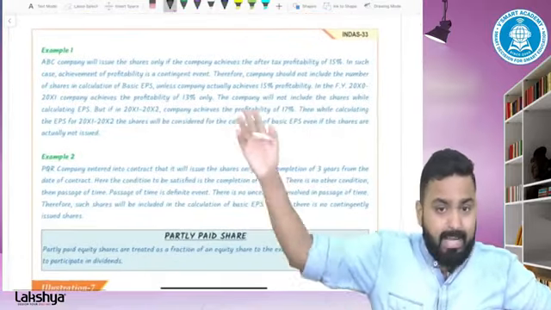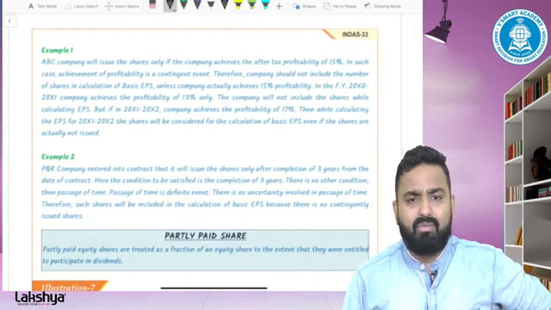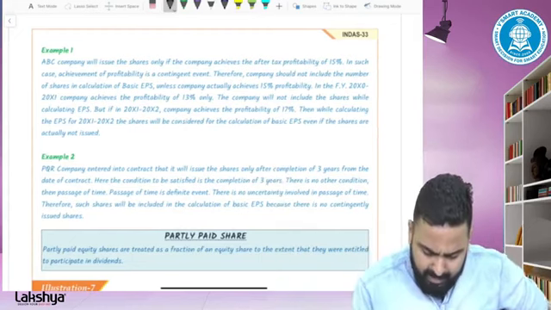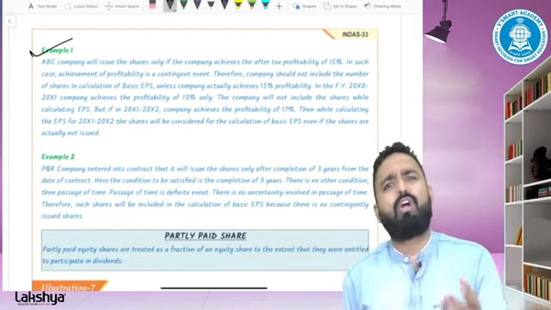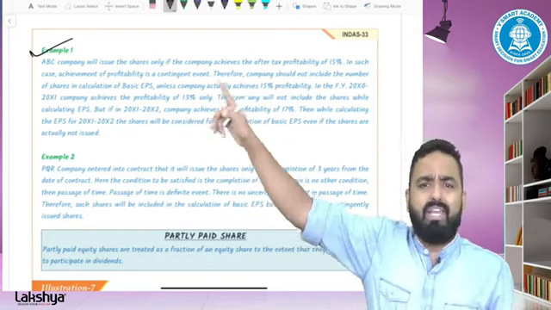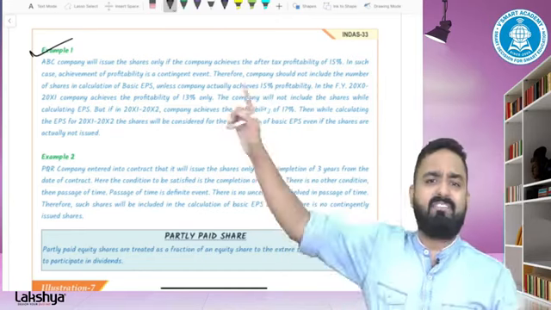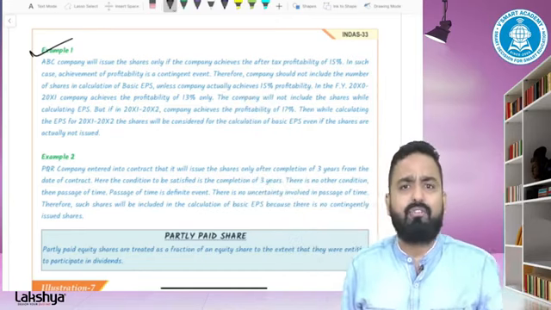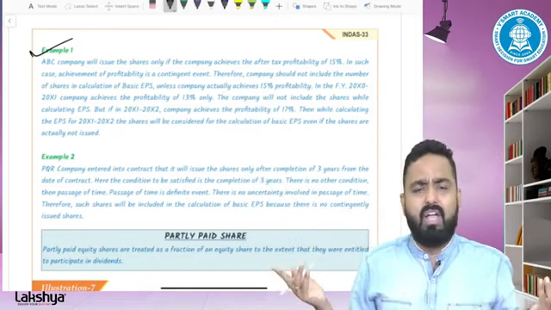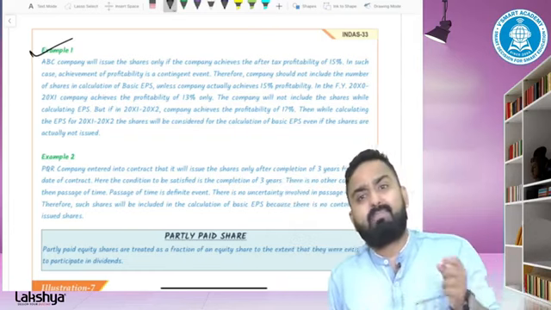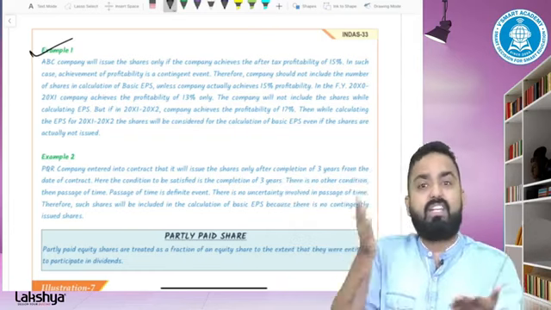Okay. So example number 1 and example number 2 were very simple examples. Example number 1 was based on contingently issuable shares. Only if you achieve the profitability of 15%, I will give you the shares. In the first year they achieved 13%, so I will not give you the shares; the condition is not satisfied. In the second year, 17% profitability was achieved and the condition is satisfied.